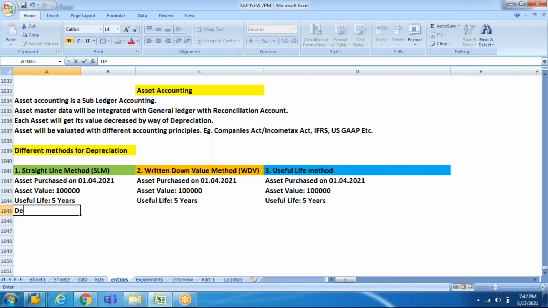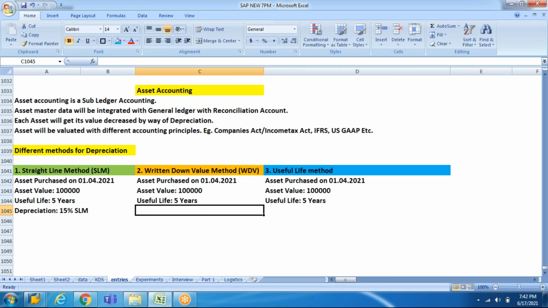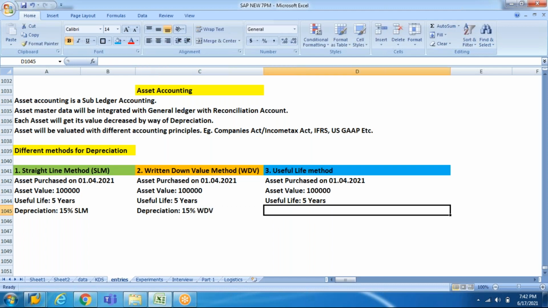And depreciation, let me write here 15% straight line method. Here also, let me put 15% WDV. Here, depreciation based on life.